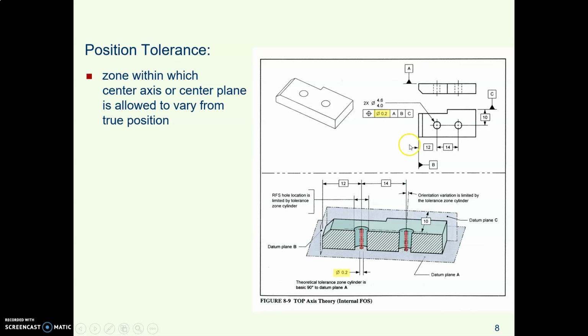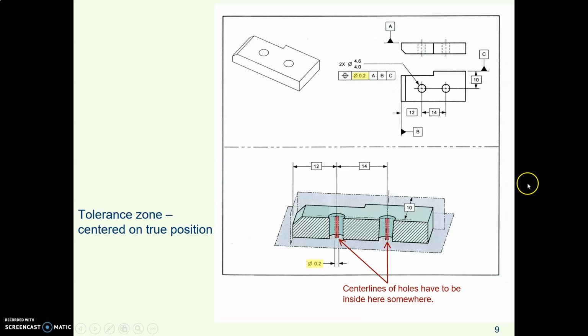This tolerance zone, which is represented here by these red drinking straws, is the zone within which the actual axis of this hole has to land. It has to be somewhere inside that zone. And that tolerance zone, in this case a cylinder, a drinking straw, is centered around the theoretical true position.